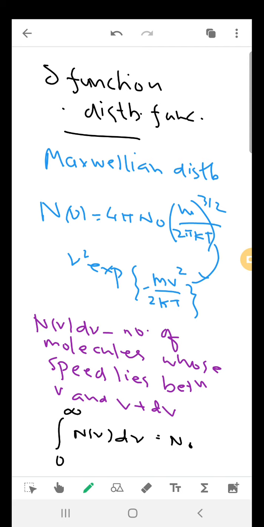This n0 is just a number, and the function n nu has a dimension of velocity to the power -1. So we can actually represent this n nu in terms of the Dirac delta function.